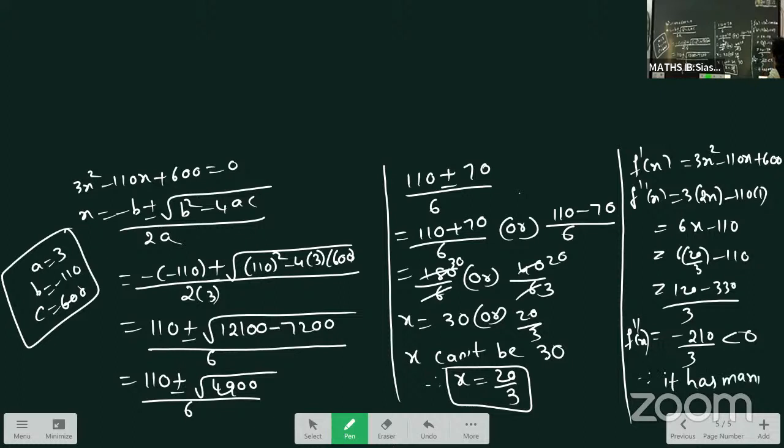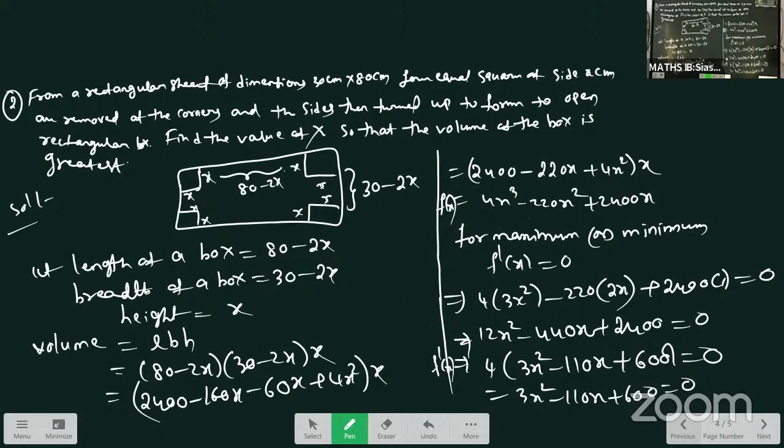Therefore, it has maximum volume when x is equal to 20 by 3. Or it has the greatest volume when x is equal to 20 by 3. So like this we have to find out the questions of maximum and minimum. Go through the question.